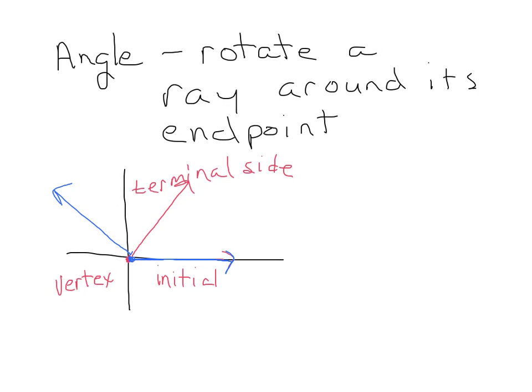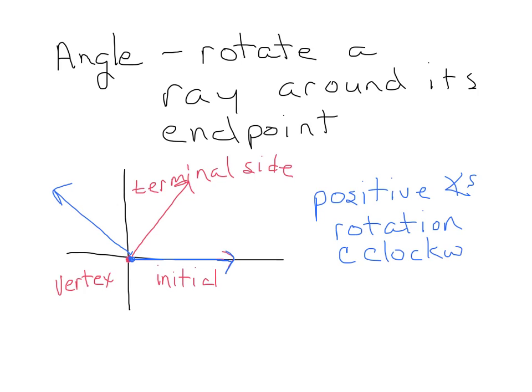If we have positive angles, the rotation is counterclockwise. Positive angles have a rotation that's counterclockwise. Negative angles have rotation that's clockwise, starting from the initial side.